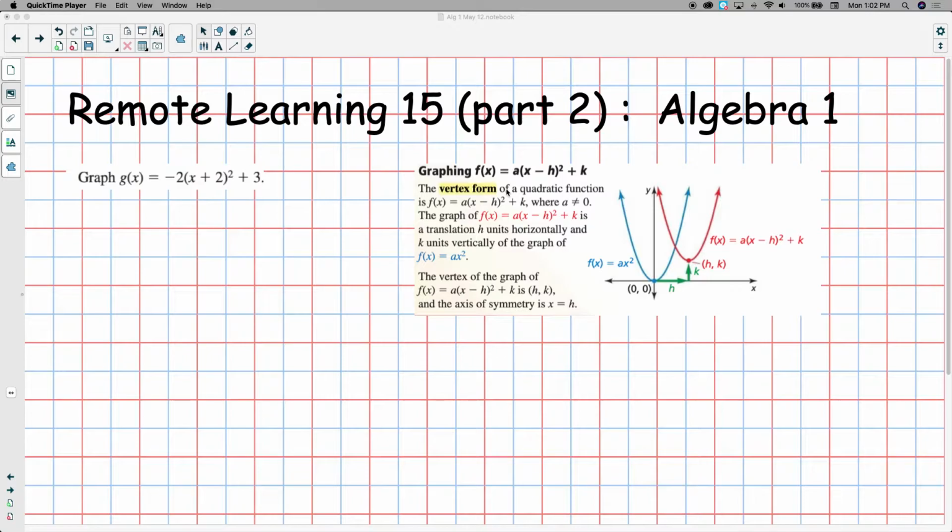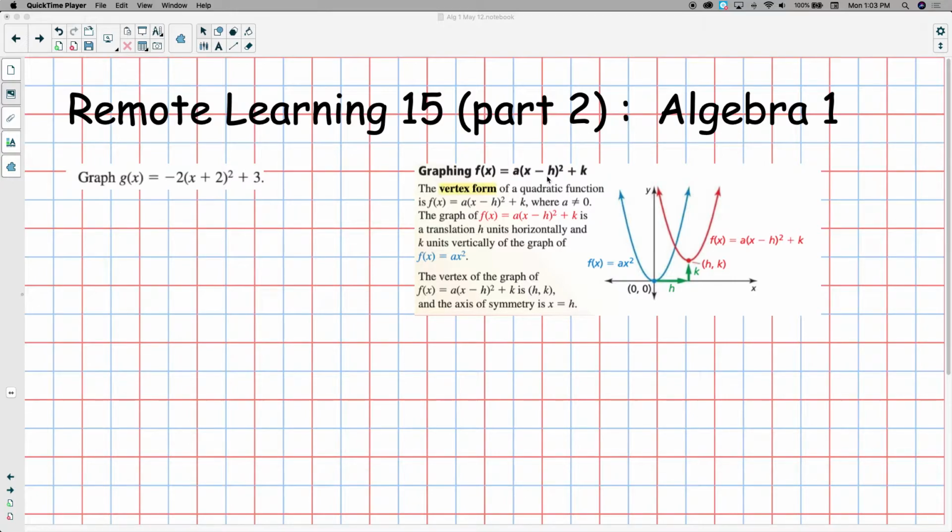The parent function is over here in blue. I suppose it's not the parent function, but the parent function would be when a is equal to 1. But this is a parabola whose vertex is at 0, 0. And the idea of the vertex form is if you take this blue one and you mess with the x by adding or subtracting something that moves it left or right.